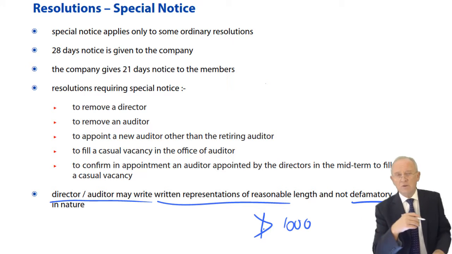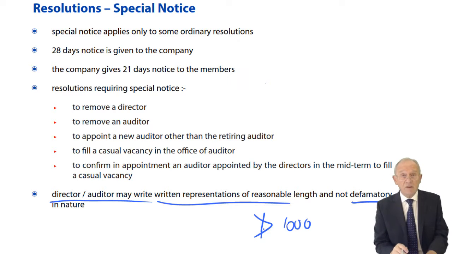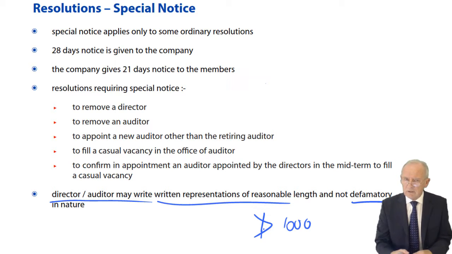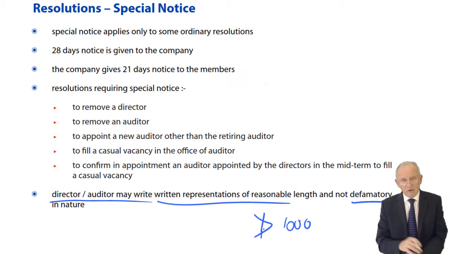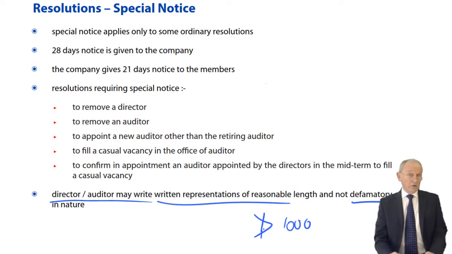If you're writing at 10 words per line, and there's about 30 lines on a piece of A4, that's 3 pages of A4 in your normal best examination style script. So 3 pages of A4, obviously it would be word processed, it wouldn't be handwritten. But written representations of reasonable length and not defamatory in nature is what this auditor or director proposed to be removed is entitled to write.